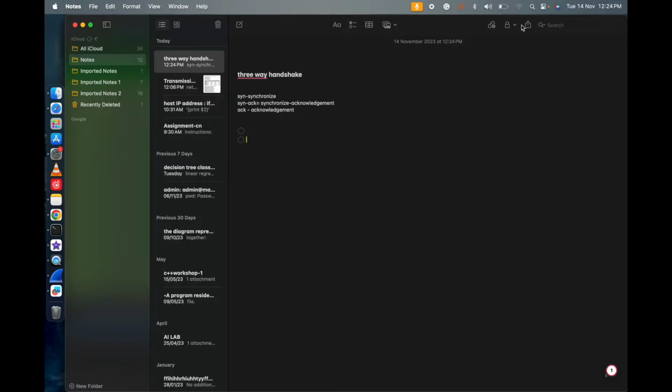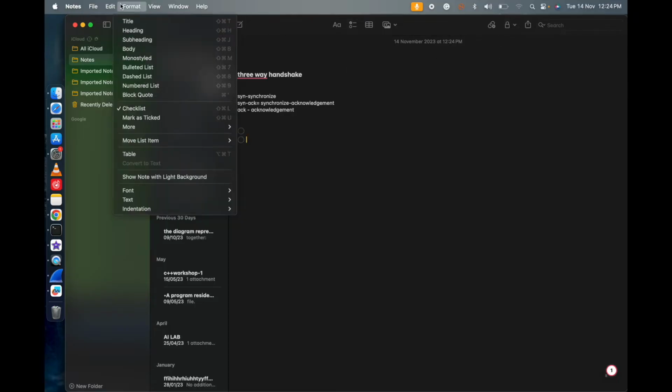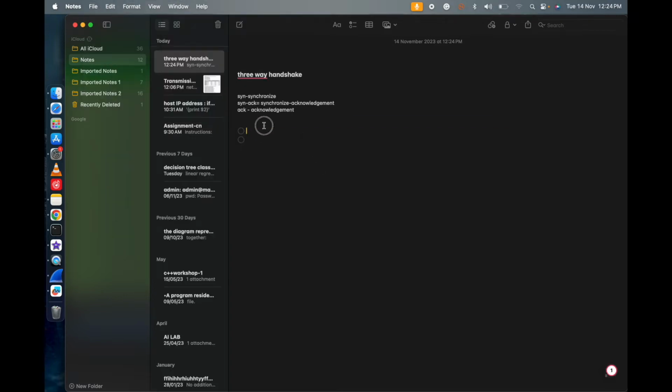For example, if there is a source called A and a destination called B, A sends a message to B for establishing a connection, and that's called a SYN.